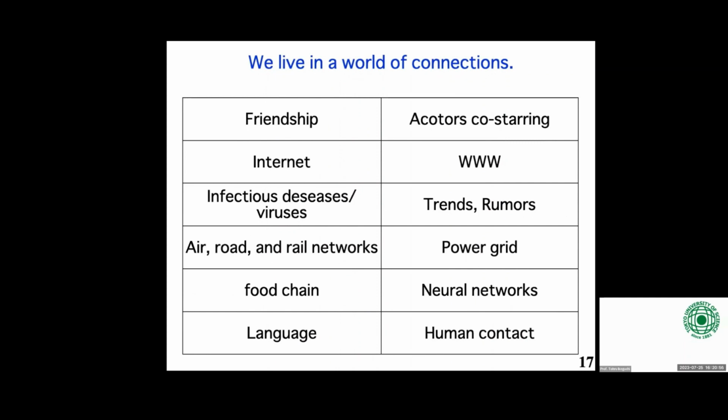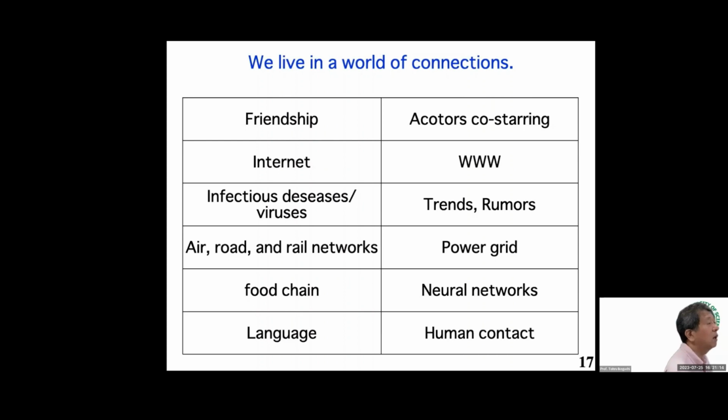So far, we have discussed the Milgram experiment, the email experiment, and the Kevin Bacon game. But these are only small examples of friendships and co-starring relationships. Actually, we are surrounded by many other types of connections or networks.